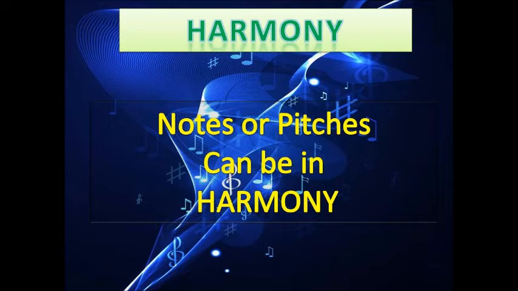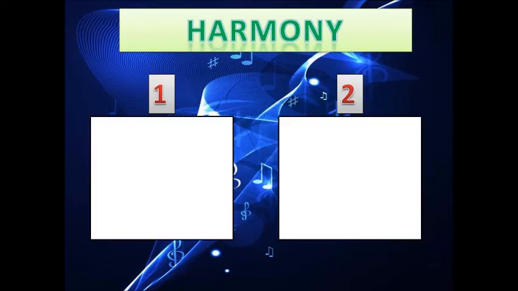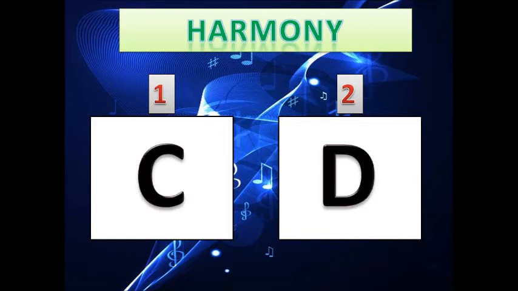For this, let's first create two boxes in which two notes reside, box 1 and box 2. For this example, we are taking our natural scale, the C major scale. Let's first take the first two notes of the C major scale, which are C and D, and hear them and decide for ourselves whether they are in harmony or not.